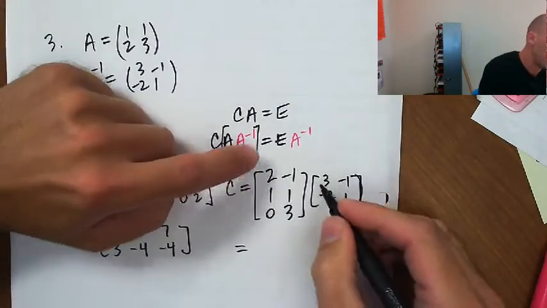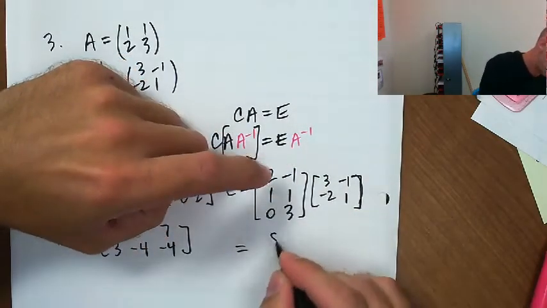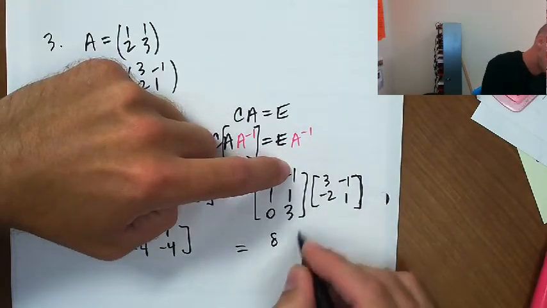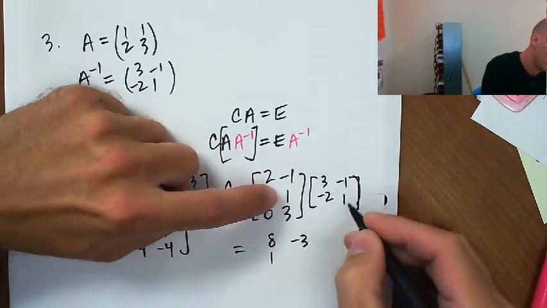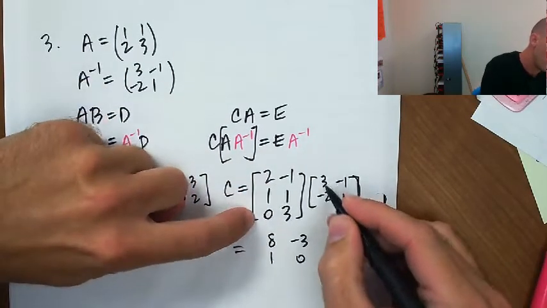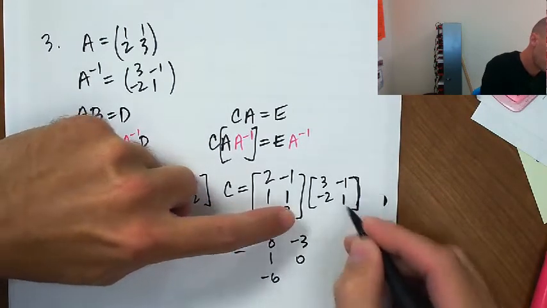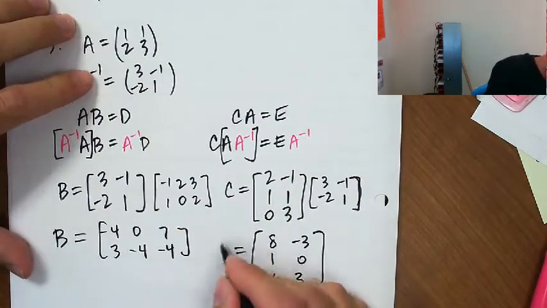And then I will multiply this, and this will be 6 plus 2 is 8. To the right would be negative 2 minus 1. Move down. 3 minus 2. Negative 1 plus 1. 0 minus 6. And 0 plus 3. Okay, that's going to be C.